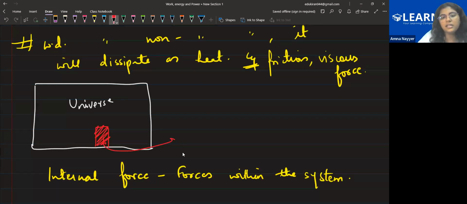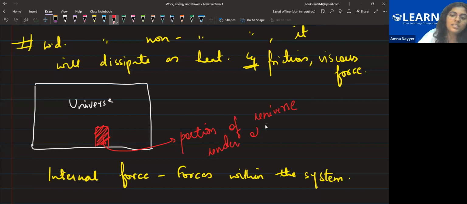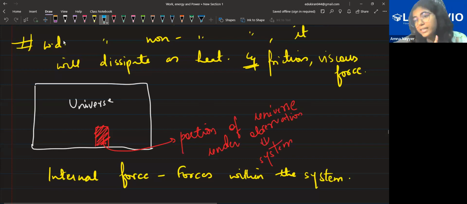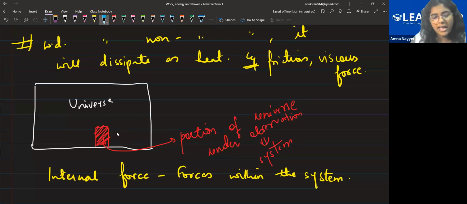This portion of the universe under observation is your system. Everything apart from this system, if you delete the system from the entire universe, whatever portion is left is your surrounding.